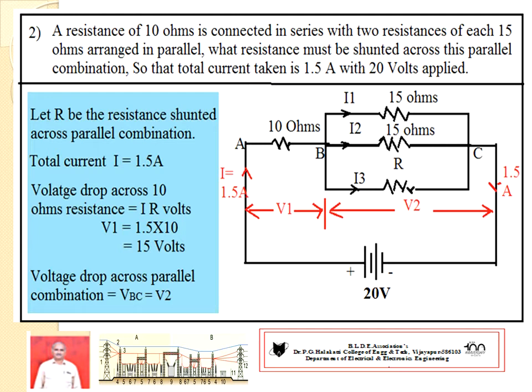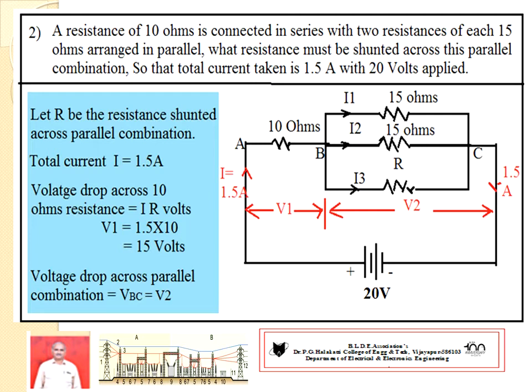Once the current is given, it is possible to calculate the voltage drop across the 10 ohms resistance, because this same current flows through the 10 ohms. Hence, by Ohm's law, V1 equal to I into R. I is 1.5, R is 10. So it becomes 15 volts.